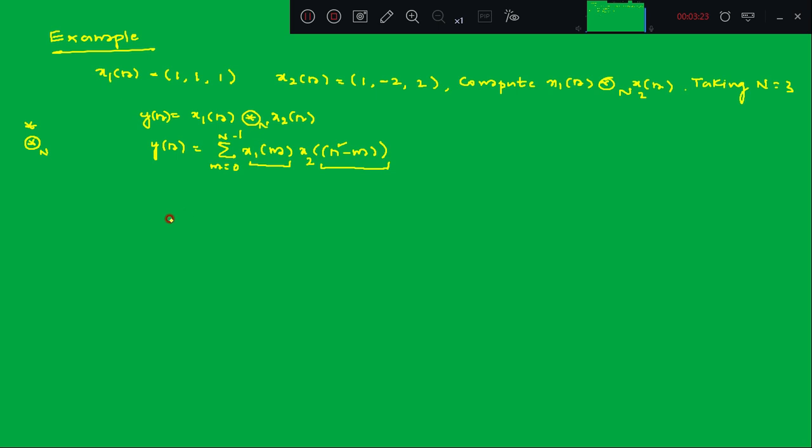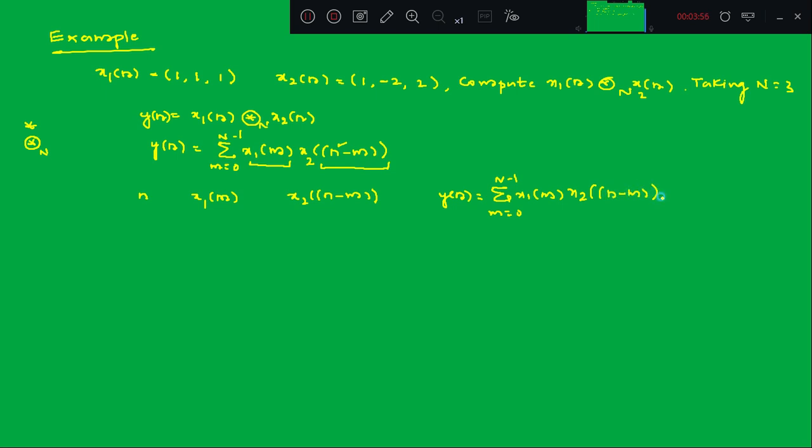So I will write n, and here I will write my first sequence x1 of m, and here x2 of n minus m. Then I will write y of n is equal to summation m equals 0 to N minus 1 of x1 of m, x2 of n minus m.